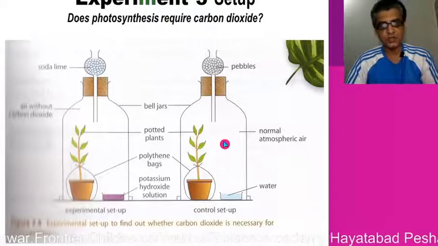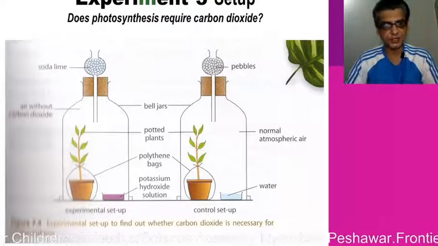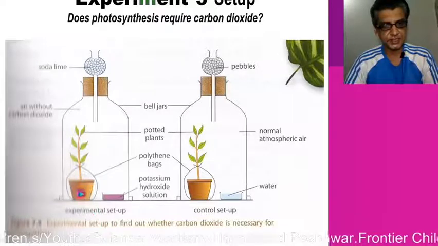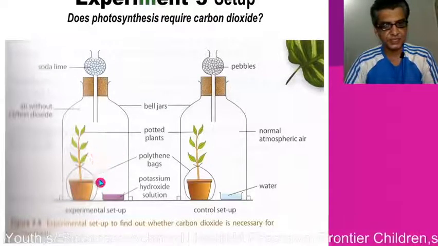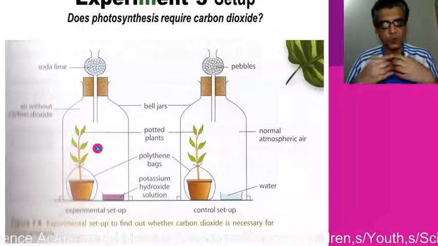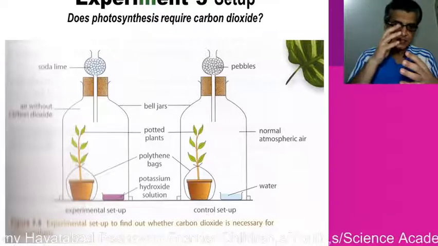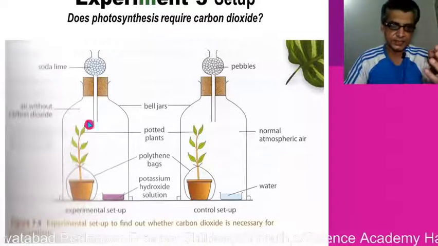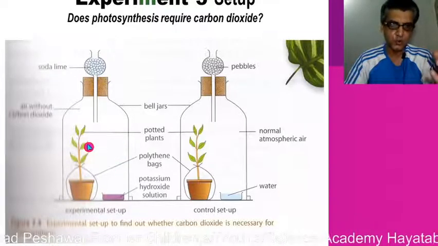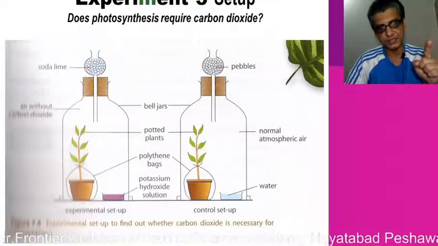So when we conduct the experiment, after experimentation, if photosynthesis doesn't occur in this experimental group, it means carbon dioxide is required for photosynthesis.